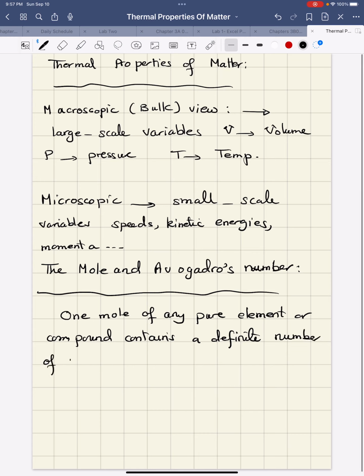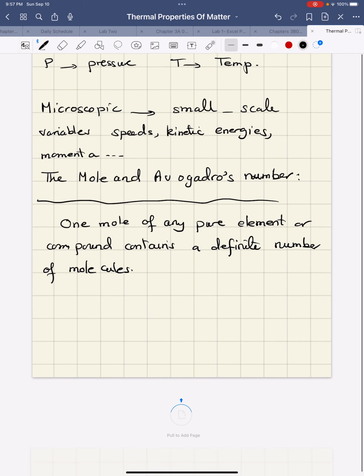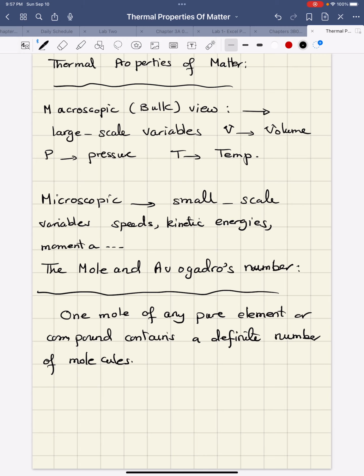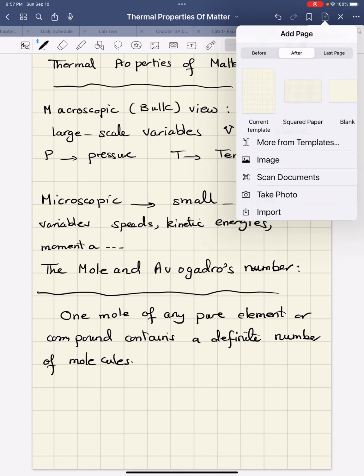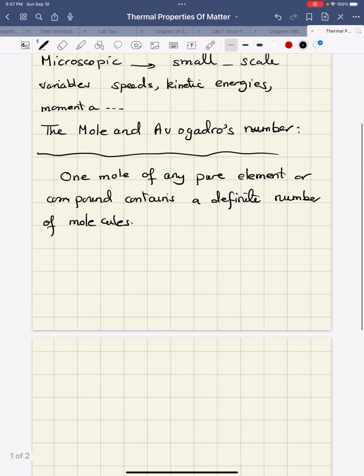molecules. This is very similar, to make it closer to you, to a dozen. A dozen of any material or anything is going to be 12. Here again, it's the same thing. Any mole of any substance is going to have a definite number of molecules.